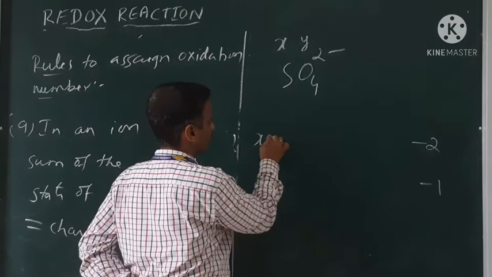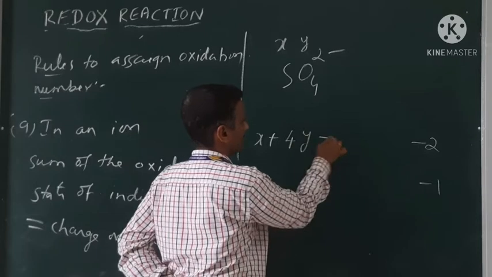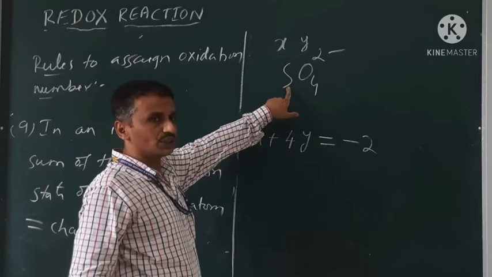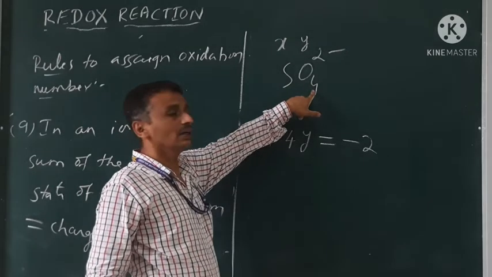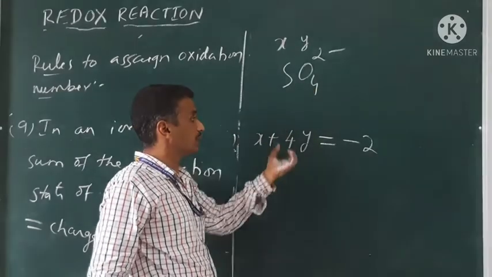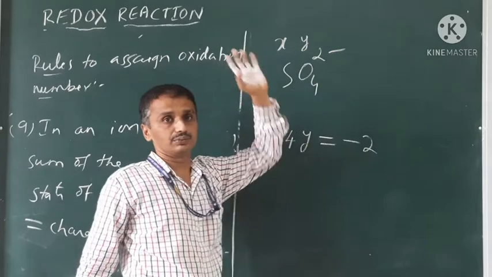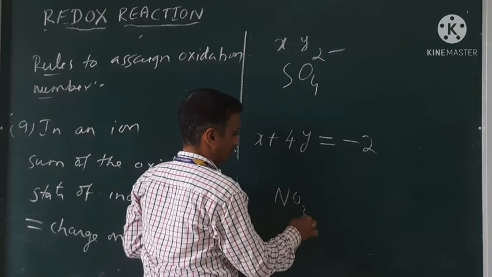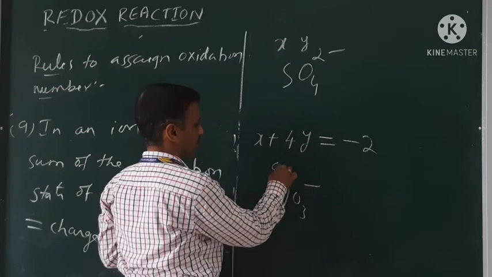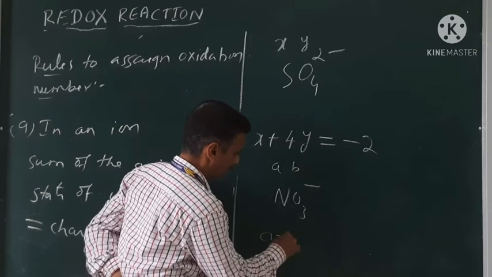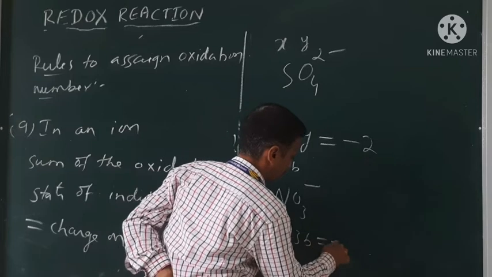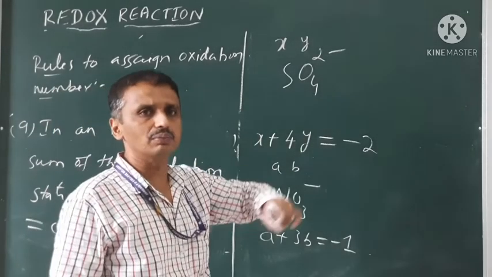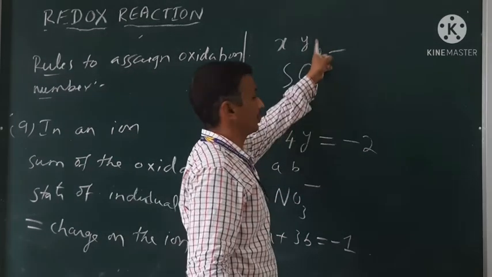Then X plus 4 into Y is equal to -2. Oxidation state of the sulfur and the oxidation state of the 4 oxygen together is equal to charge on the ion. Take this example now. NO3 minus ion. This is A, this is B. Then A plus 3 into B is equal to -1. Sum of the oxidation numbers is equal to charge on the ion.